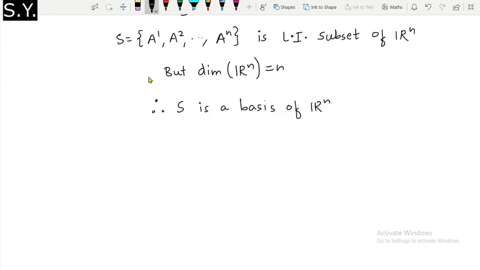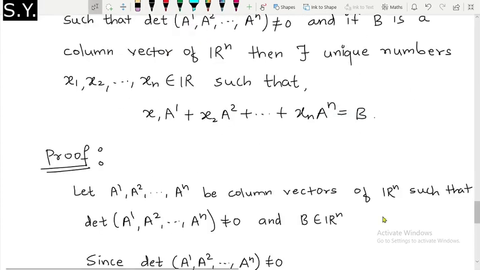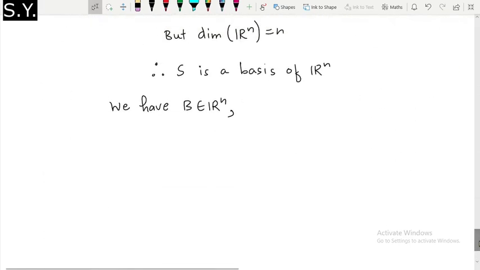Okay, now we have b belonging to R raised to n, that is given, right? Now what we have to prove is this b should be written in this form where these x1, x2 up to xn are unique. Now just note one thing, since this S is a basis of R raised to n, what we can say?